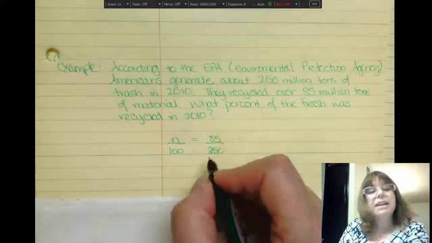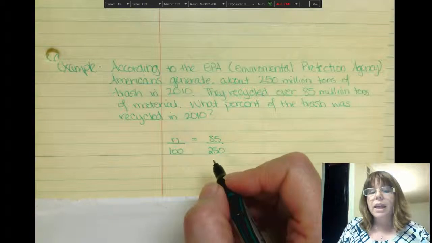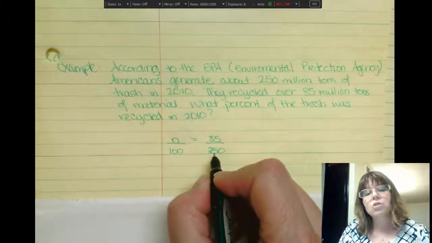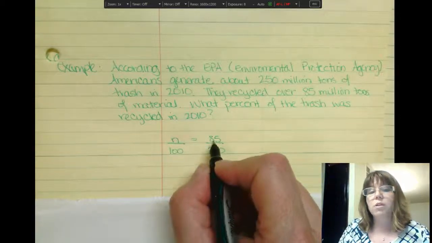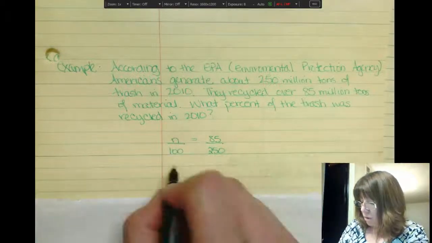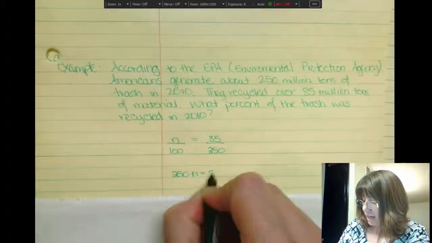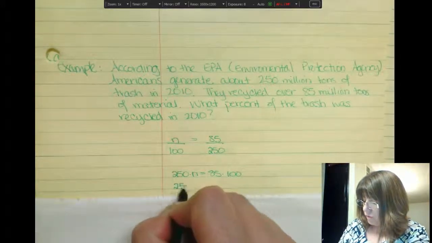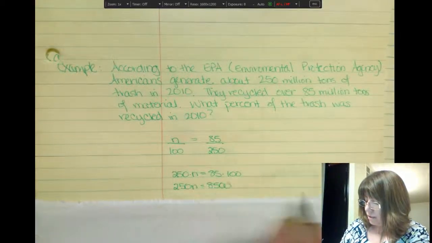Once I have that, I could stop and be clever and say, okay, 100 times 2.5 got me to 250, so if I divide 85 by 2.5, I'll get back to n. But in this case, I'll go ahead and cross multiply. 250 times n equals 85 times 100. That leaves me with 250n equals 8,500.